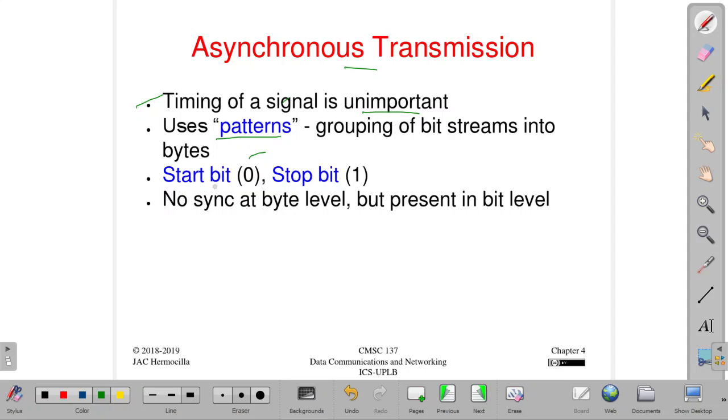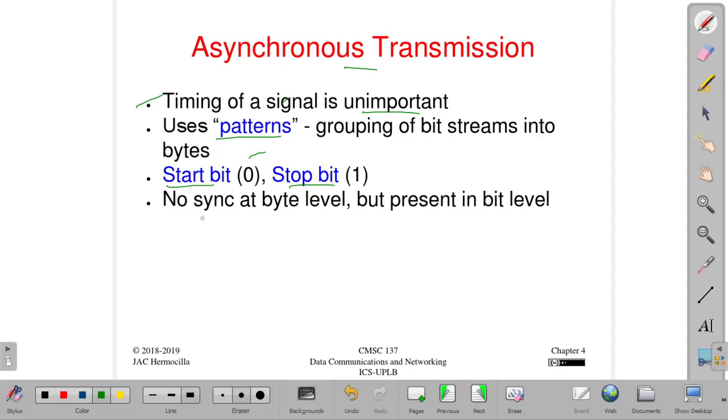Within this, for example, a byte or 8 bits will be sandwiched between a start bit and a stop bit to indicate the start and end of a byte. At the receiver end, it first has to detect the start bit, and once the start bit is detected, it will sample the line and get the remaining 8 bits and look for the stop bit, and then the receiver will interpret that as 1 byte.